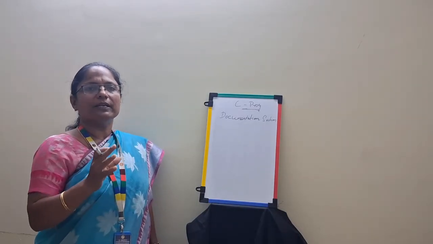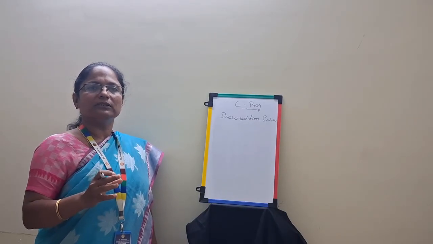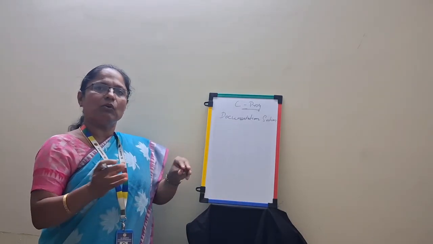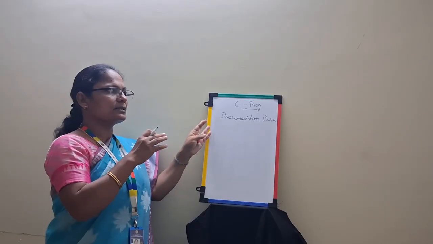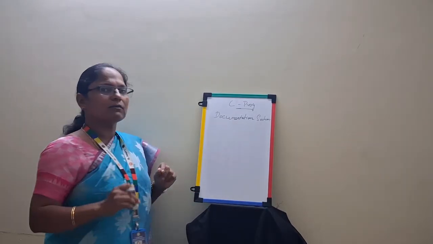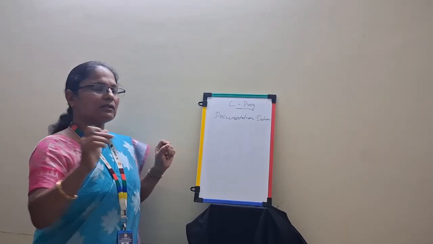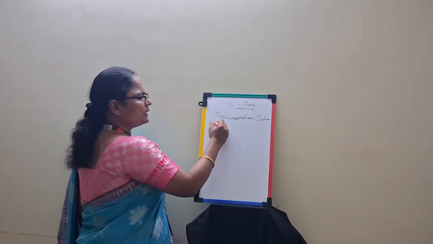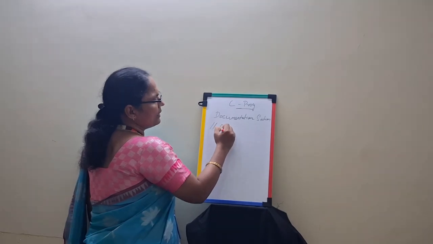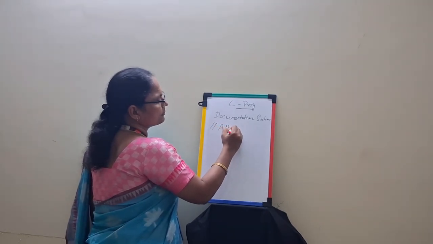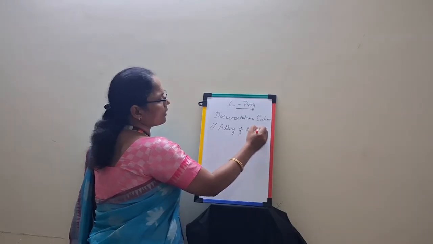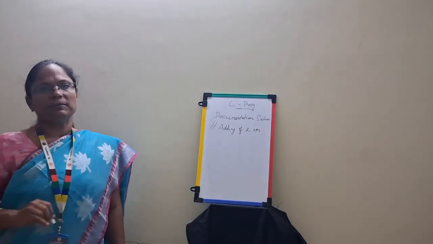So if I am going to write a C program to add two numbers, I will put it in words after a double slash and say: adding of two numbers. So this is the first part.